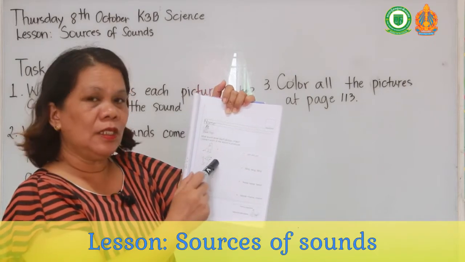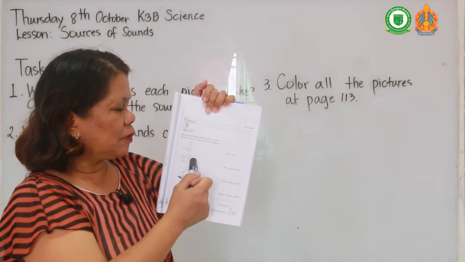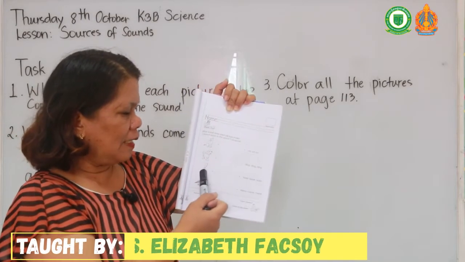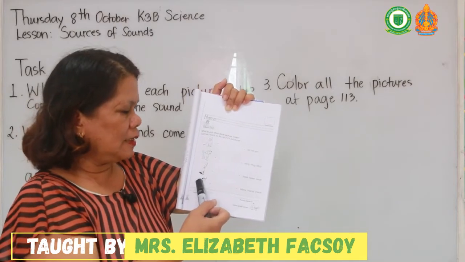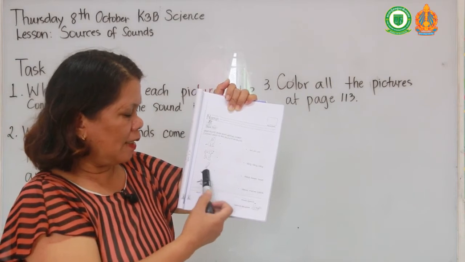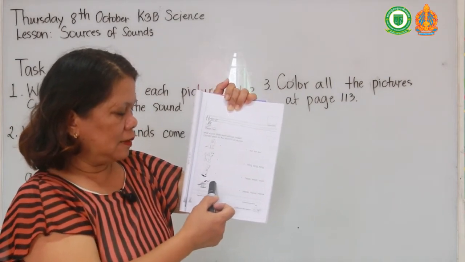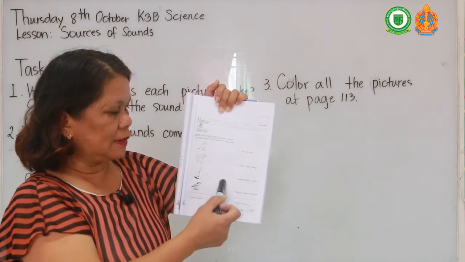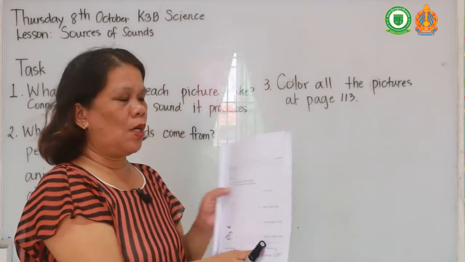You're going to connect the dog to the sound that it produces. And bell, and this is a bird. Which sound does it produce? You're going to connect the sound that they produce. This is task number 1.